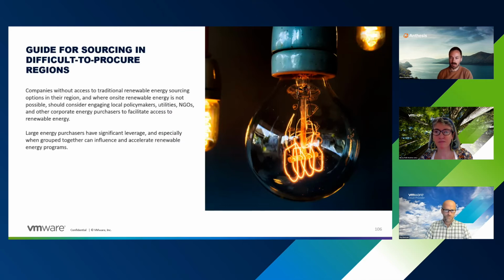A lot of places, Southeast Asia, Africa, parts of South Central and South America, it's a little bit more complex, a little bit more difficult to procure renewable energy. And so your roadmap is going to have to involve some conversations with utilities and some outside the box thinking.